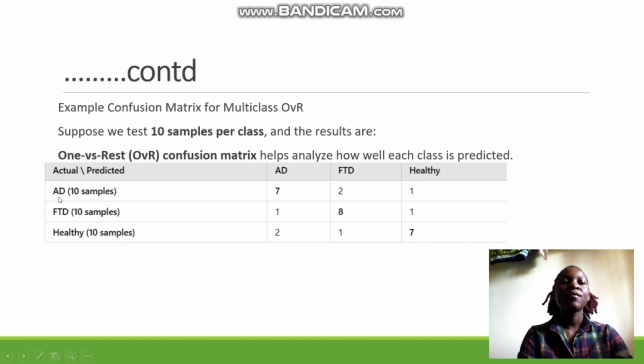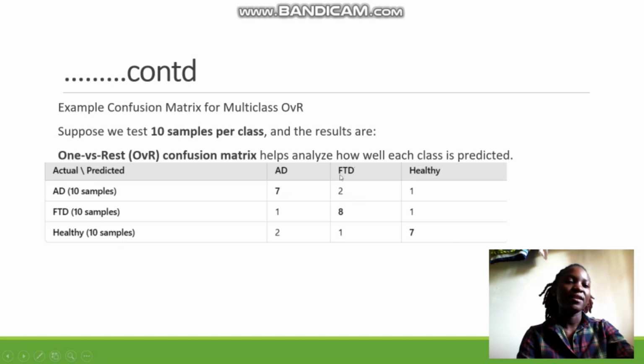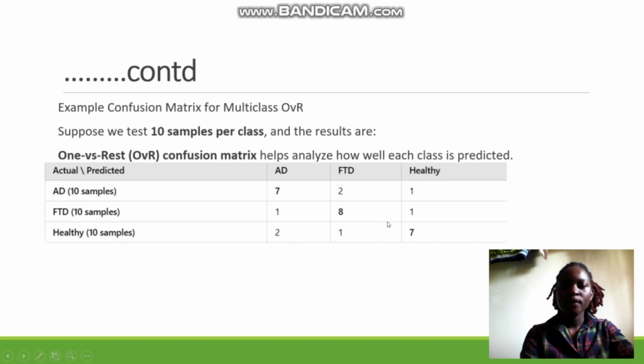For the first one, Alzheimer's disease, which is the AD, we have 10 samples. We see that 7 of the samples are predicted correctly to be Alzheimer's disease, but 2 are misinterpreted to be frontotemporal dementia, and 1 is misinterpreted to be healthy participants. Then like that.